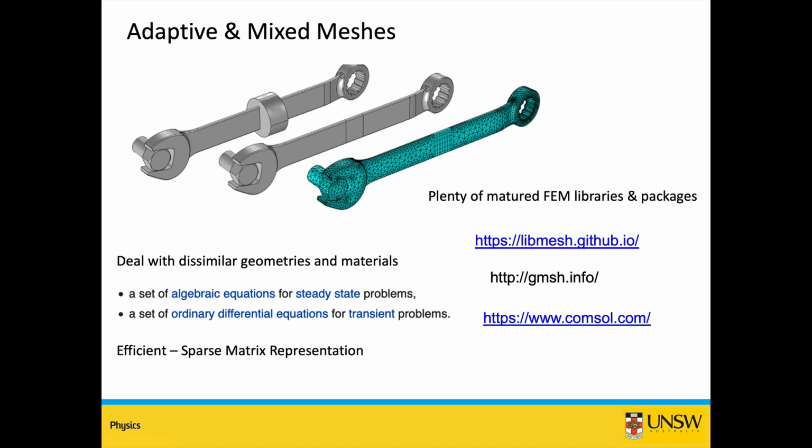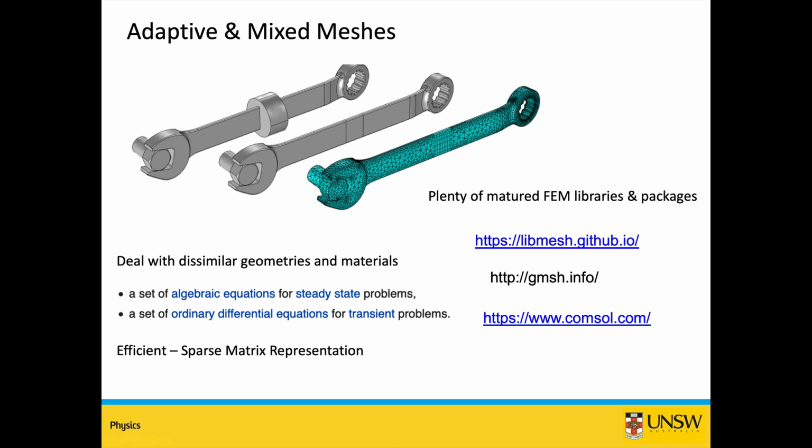And so, what is another advantage? The finite element method enables you to represent a complicated system with a set of algebraic equations for a steady state problem. A steady state problem means when the problems are not varying with time. In that case, we have shown that you can represent the problem as a set of linear equations with n variables, and you have n unknowns.